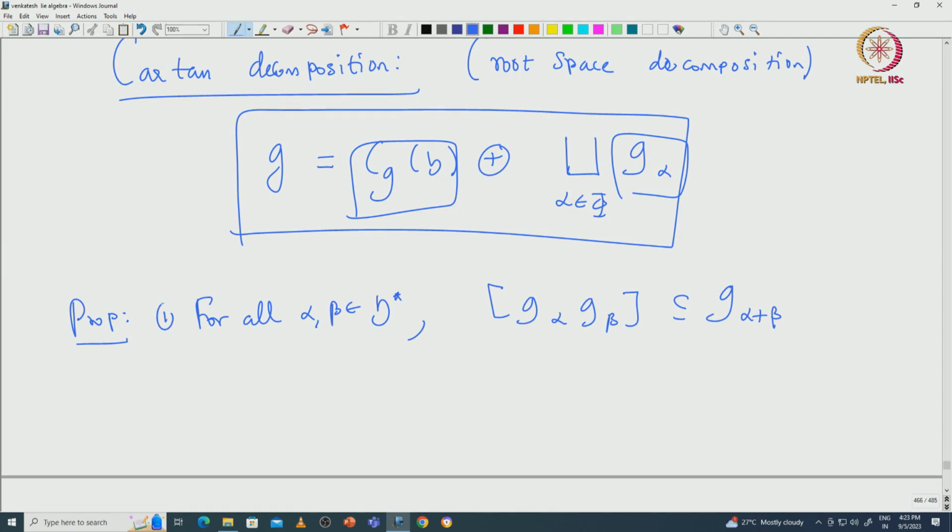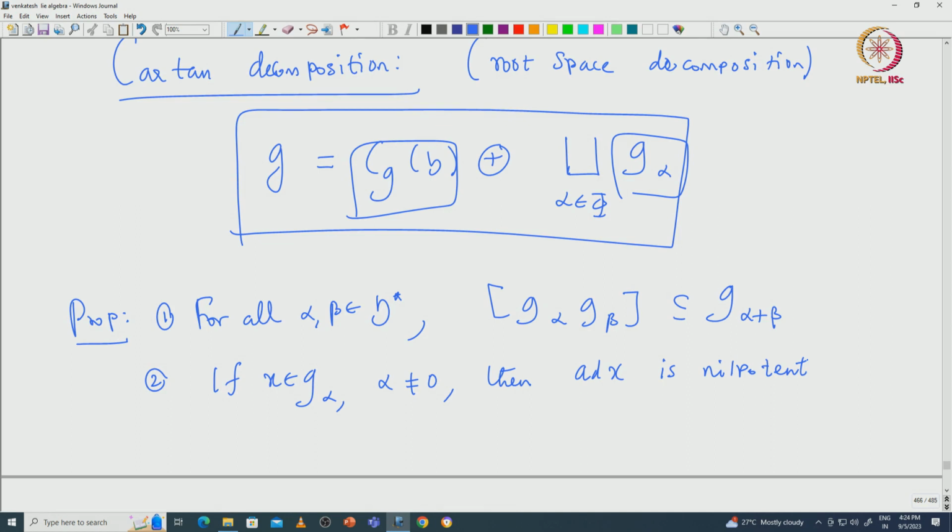This is the first statement. From this statement it is clear that if we take x from G alpha where alpha is a non-zero element, then ad x must be nilpotent. So if x is coming from G alpha where alpha is non-zero, or alpha is in phi, then you can see that ad x, an element acting on G, must be nilpotent.